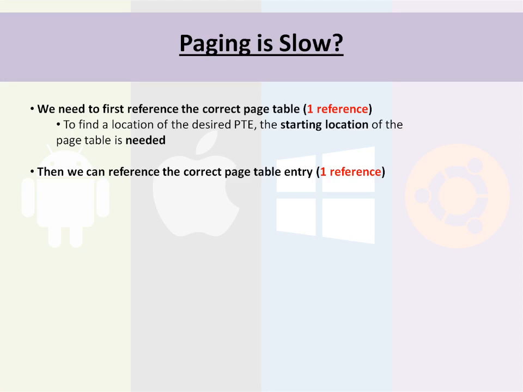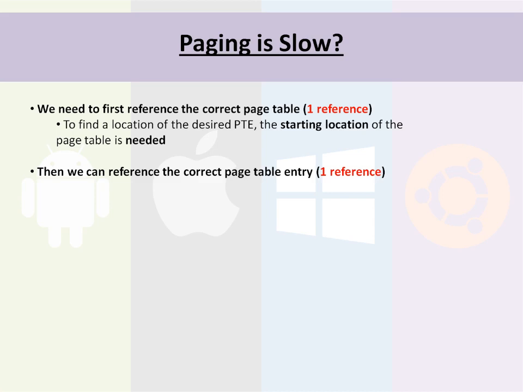So let me explain better what I mean by this. You require two references per memory reference. Firstly, we need to reference the correct page table. So what is the correct page table in our kernel that corresponds to this particular process? That would be the first reference, right?